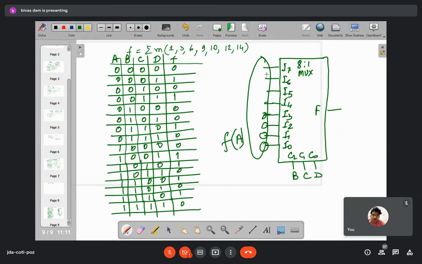That means when B, C, D, all 3 are 0, we have to check out what FA should be connected to I0.